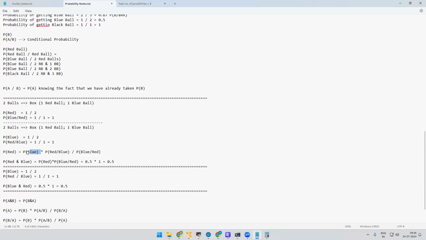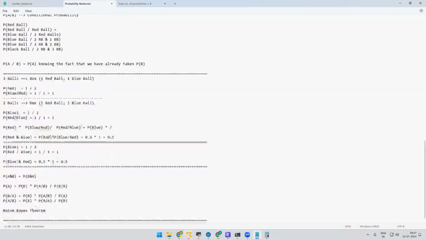Right? Let's take the probability of blue. I don't know what the probability of blue is. Then how do we find that out? Red into blue given red, divided by the probability of red given blue. So we need to divide by this thing. This is nothing but the Naive-Bayes theorem.